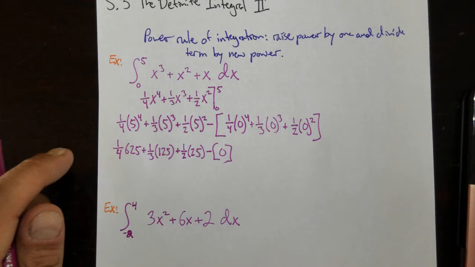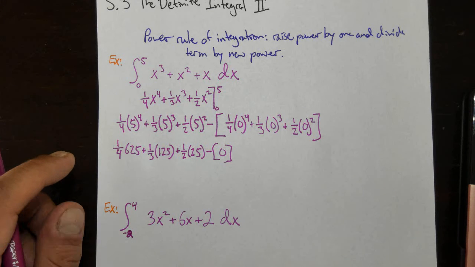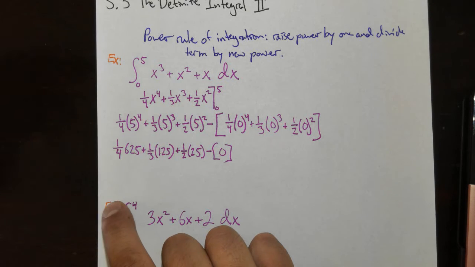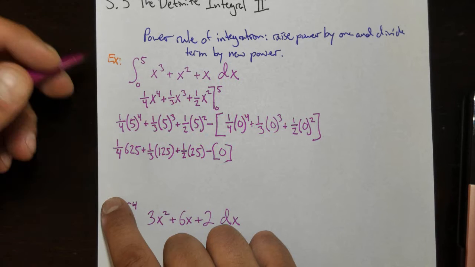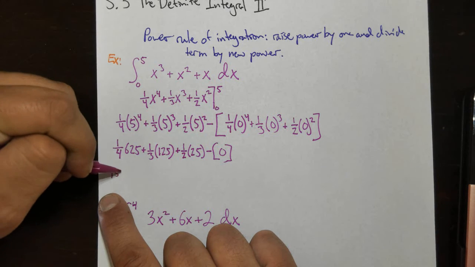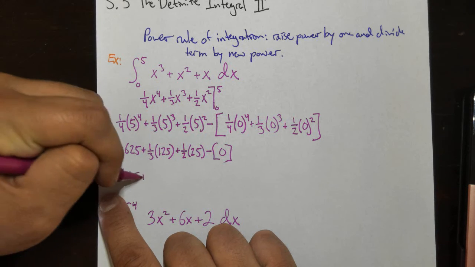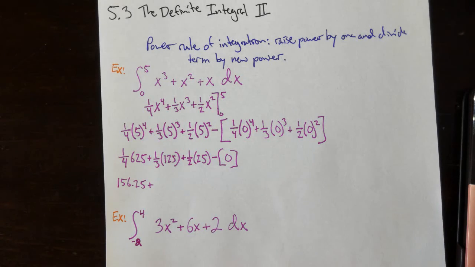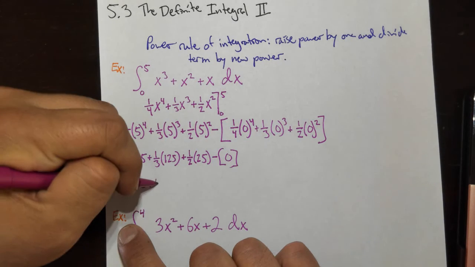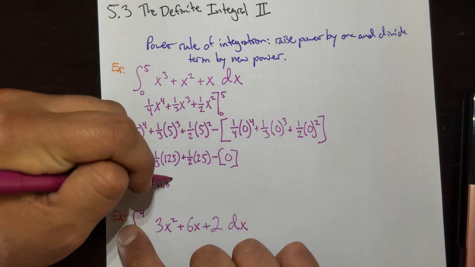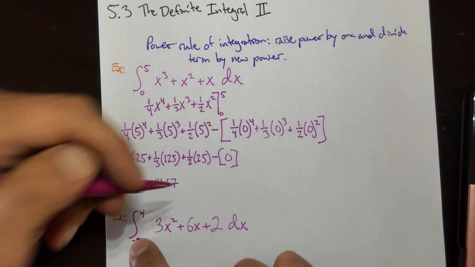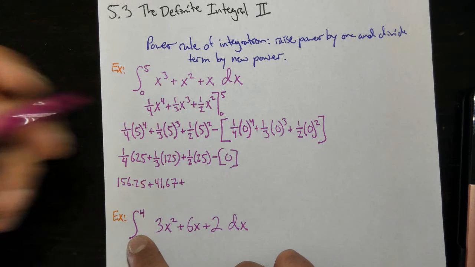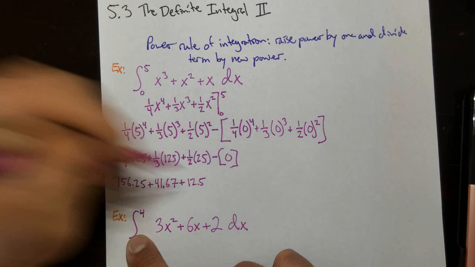So 625 divided by 4 is, we'll just go into decimals here, that's okay, 156.25, plus 125 divided by 3, 41.67, plus, and 1/2 of 25 is 12.5.